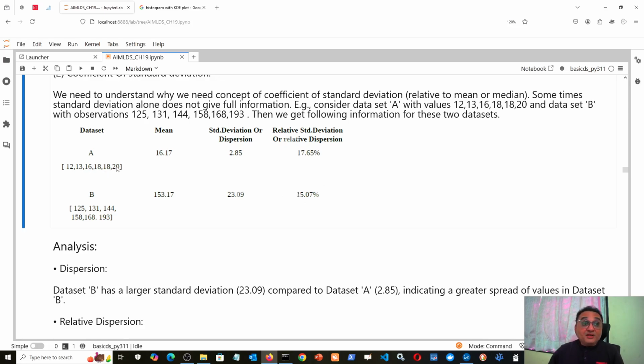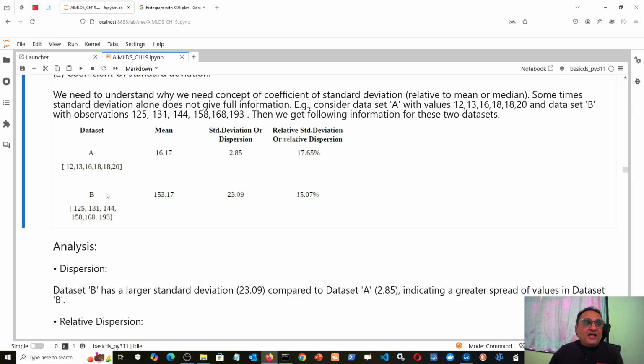Here that is 5. We have done this calculation several times, so we are not bothering to do it, but if you do, you first obtain the variance and then the square root of the variance gives the standard deviation. Here the standard deviation comes out to be 2.85.